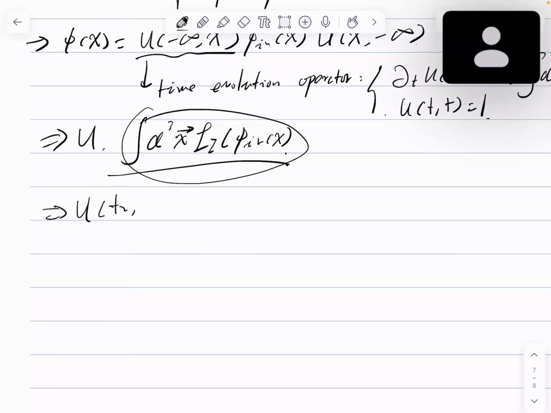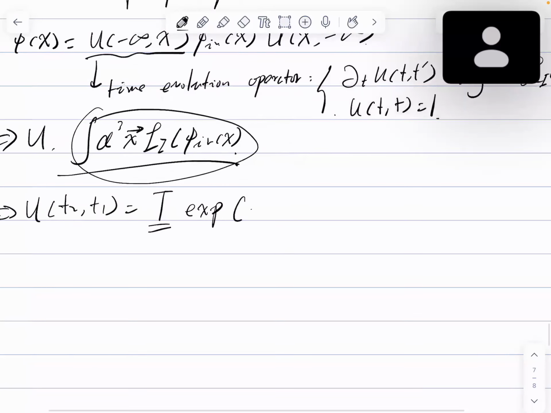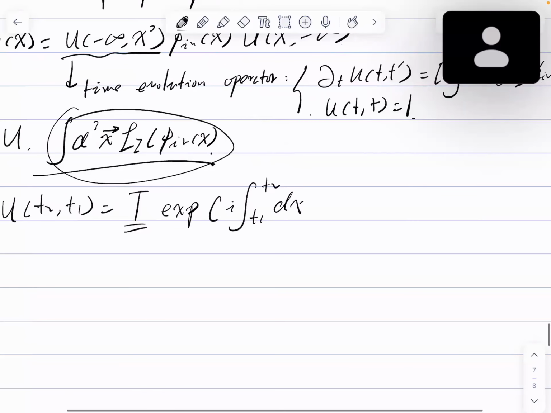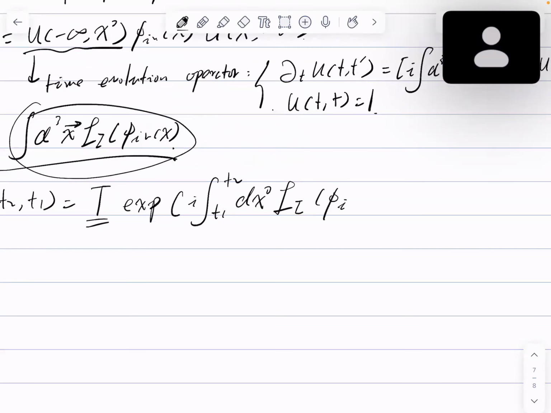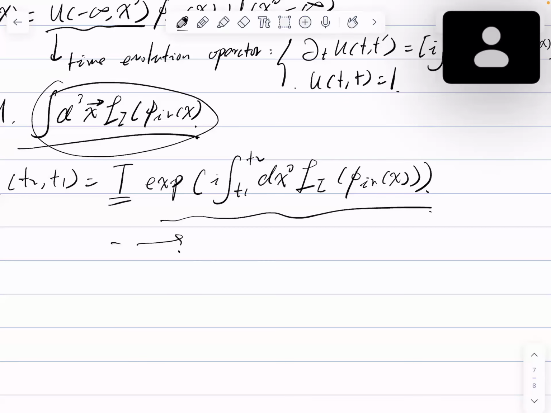U(t2, t1) equals T exp(−i integral from t1 to t2 of dt H interaction), where this capital T means time ordered. This time ordering makes the arguments, from left to right, have decreasing time.